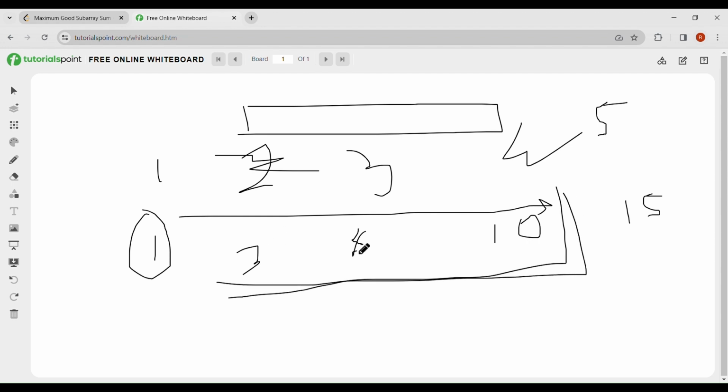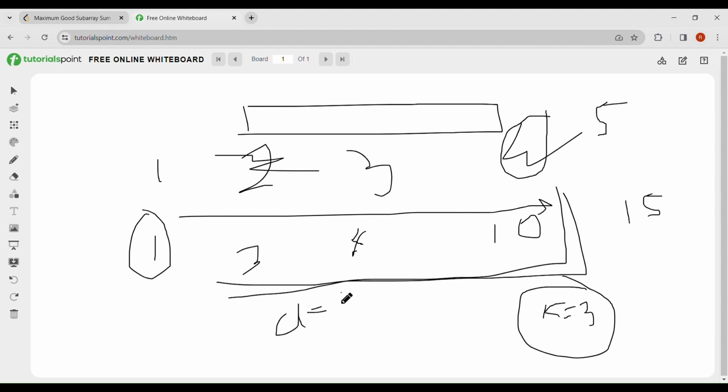Suppose you come to position 4 and k is given. You check whether any previous value, where a equals 4, matches. Because k is the absolute difference, there will be two conditions: in one case b will be -1 and in the other case b will be -7.